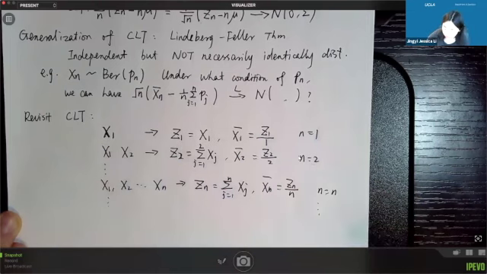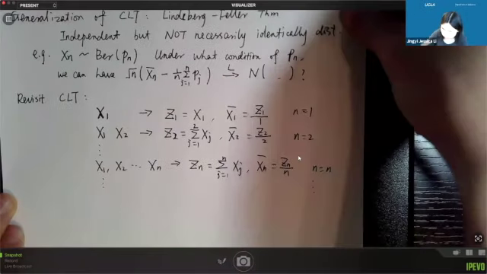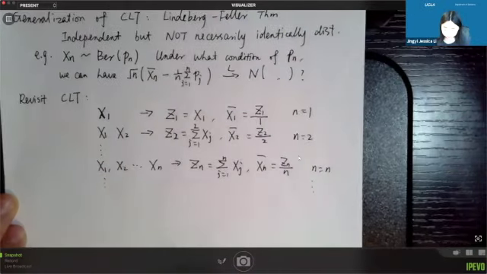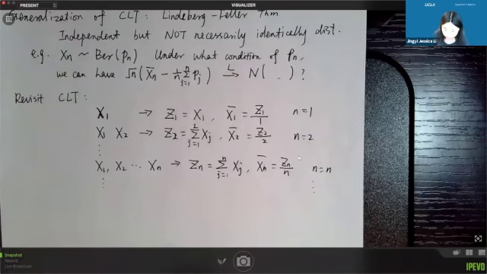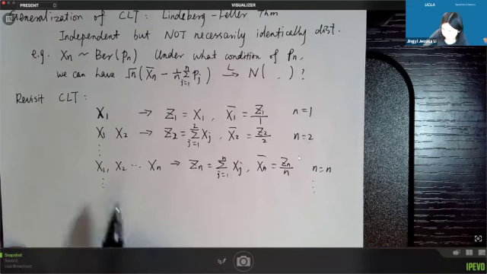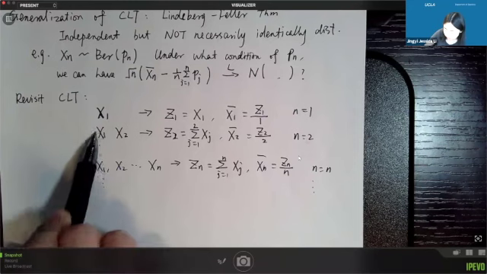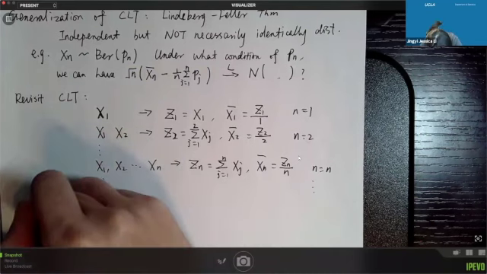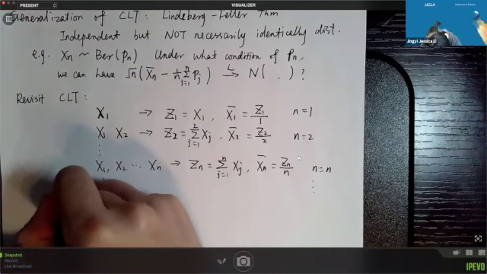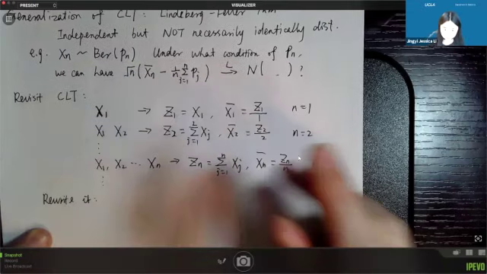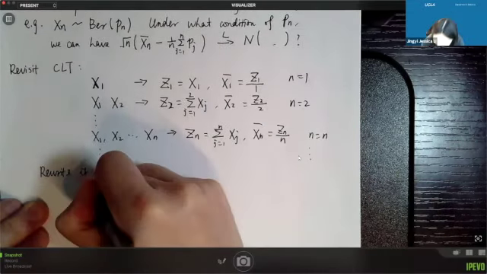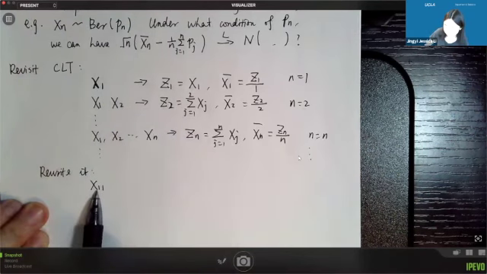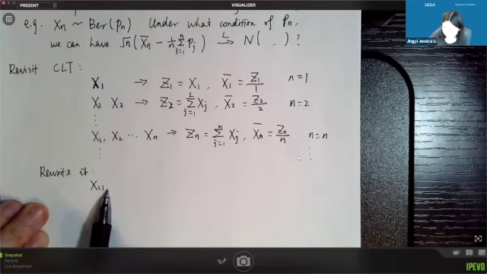So here, we want to generalize the notion for the Lindeberg-Feller. We still keep the notation, but to simplify our writing, we want to keep the n. So here you see this is the nth line, this is the second line, this is the first line. So we can rewrite it as X11. The first index is for the row, that's for n, and the second index is for the position of the random variable in the row.